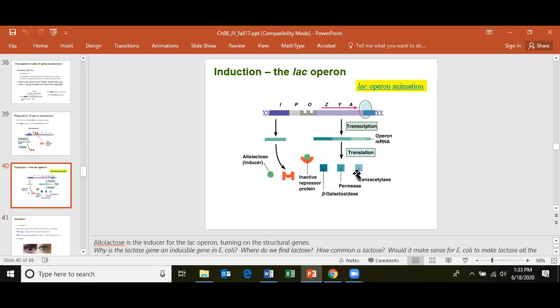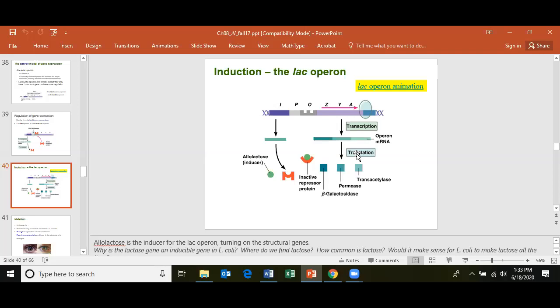Now, what do you notice about this messenger RNA, which is a little unusual, because we probably never discussed this? How often have you seen a messenger RNA that codes for more than one protein? Yeah, this is specific to prokaryotes.